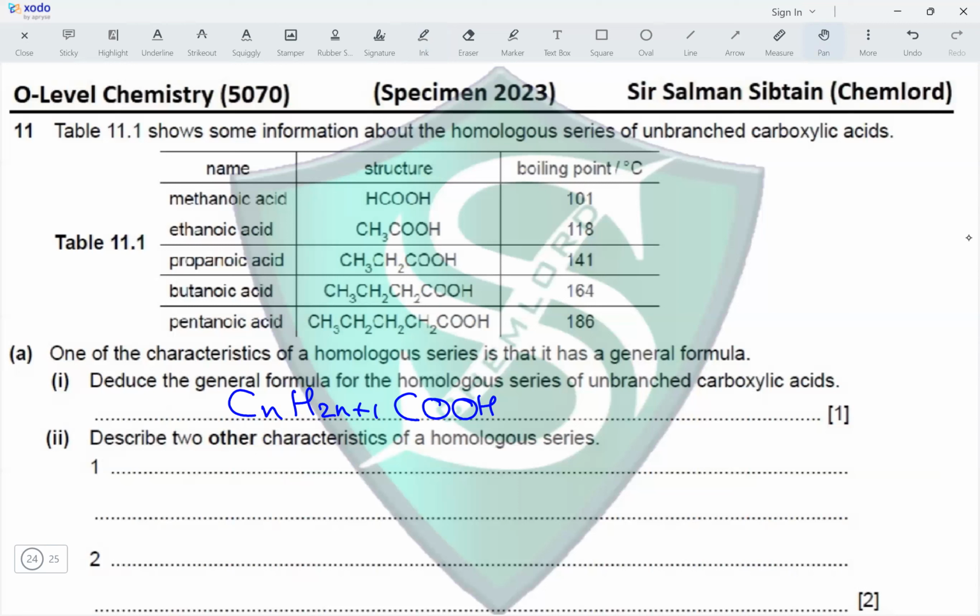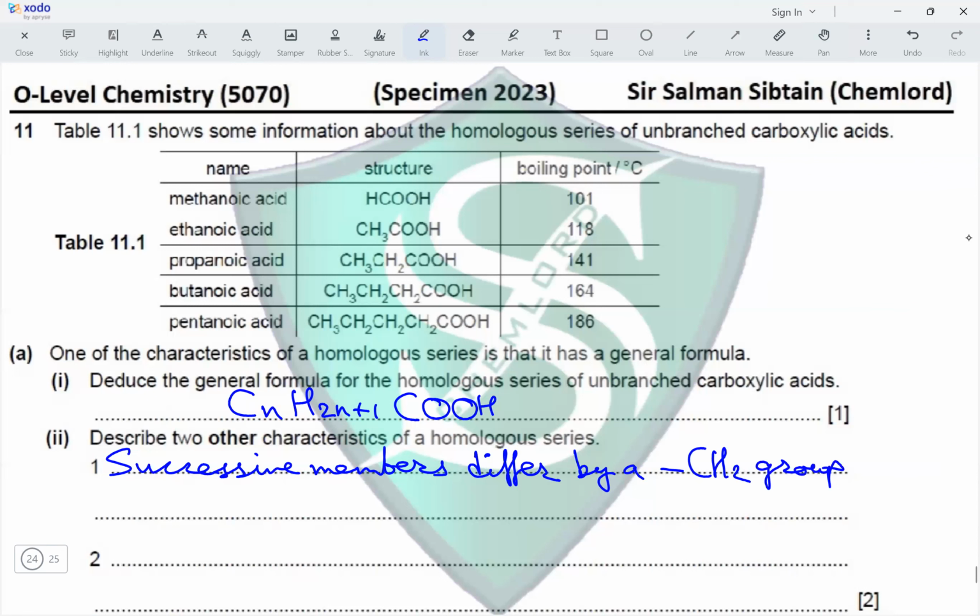Okay, so one of the characteristics of homologous series is that they've got the same general formula. There are four other features or characteristics of a homologous series. They've asked only for two. I'm going to mention all four here because we need to recall them when asked. So the first one is successive members differ by a CH2 group.